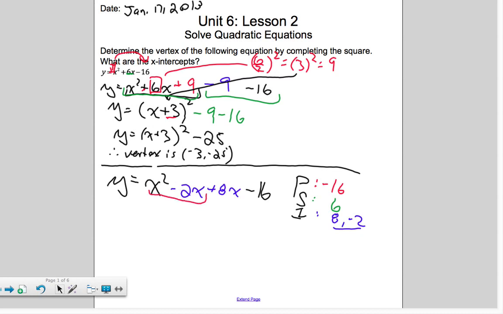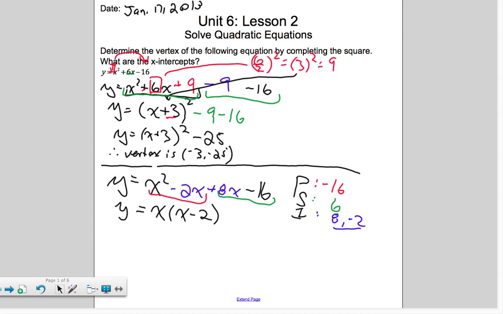I want to group these two. So I get y is equal to, I'm going to factor on x, so x minus 2. And what is it that I want to factor out of this part? Sorry?